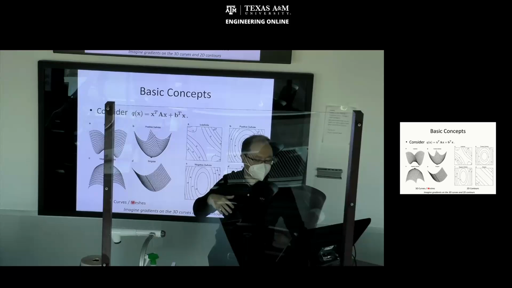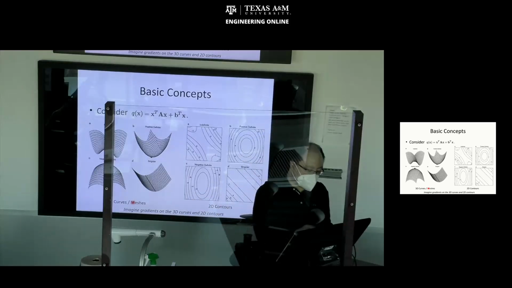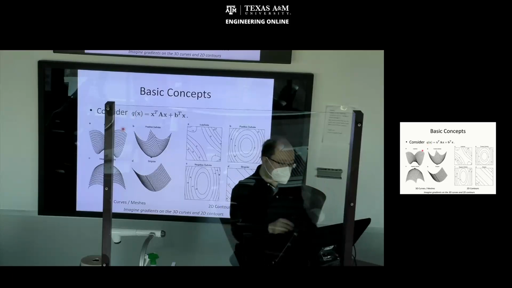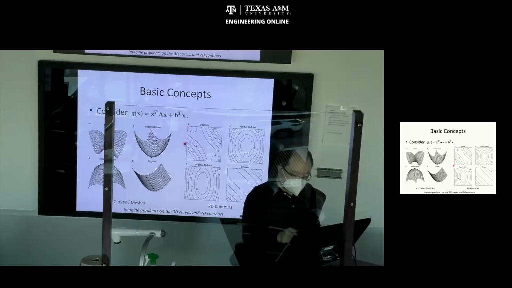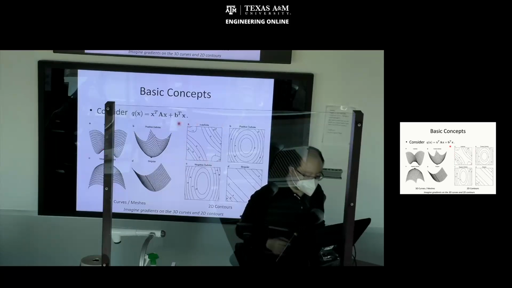Let's just look at the two-dimensional space, because what I'm showing here is x in two-dimensional space, and the z-axis is actually the function value, right? Now let's look from here and look down. Then we are looking at a two-dimensional space of x alone, right?